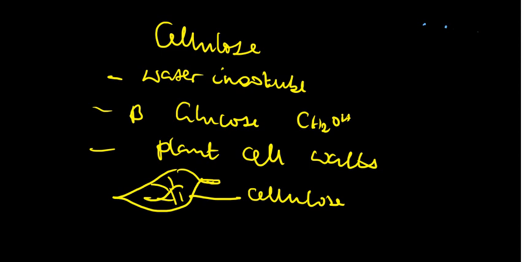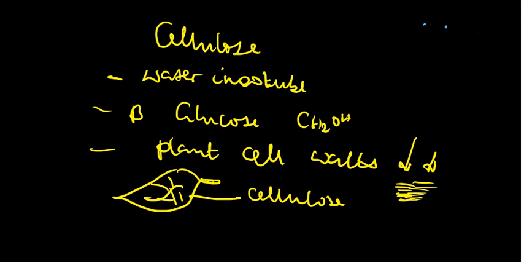So these bundles are arranged in layers. So when you look at cellulose, it has layers of bundles, okay? And when we have many layers of bundles, you find that things cannot easily seep through the cell wall. Hence, it gives the plant cell structural support. So the cellulose layers are fully permeable to water, meaning they can allow water in, which is an important function of the plant cell.